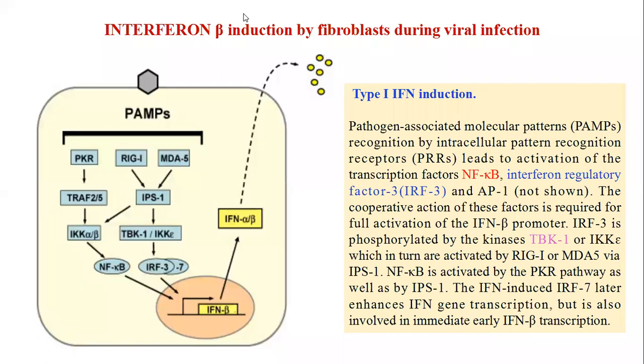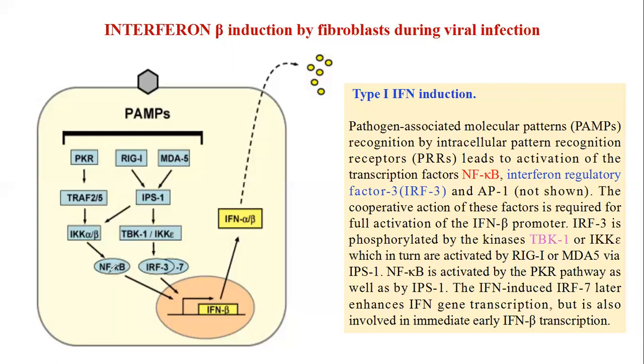Here you can see these pathogen associated molecular patterns. They are recognized by the intracellular pattern recognition receptors, known as PRRs. This leads to activation of the transcription factors. What are the transcription factors here?